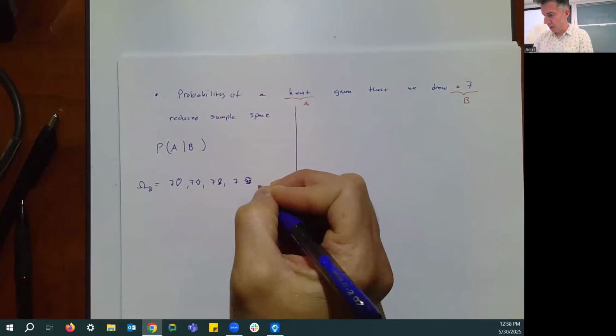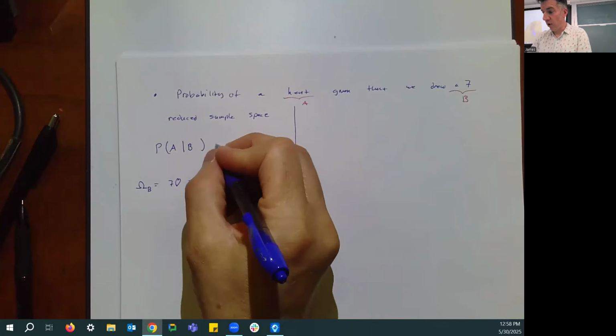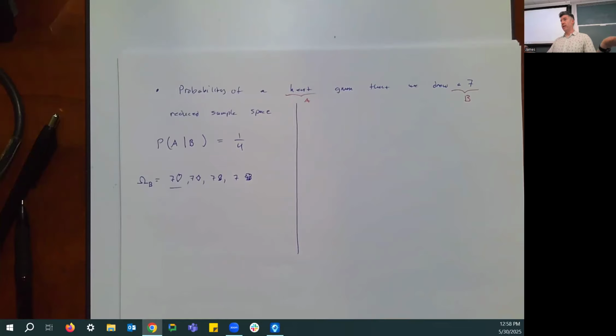Okay, that looks like a weird tree. Anyway, if those are the 4 cards you have to choose from, what's the probability that the one you draw is a heart? 1 out of 4. One of those cards is a heart out of the 4 of them, right? Because we were told we're working with 7s only.